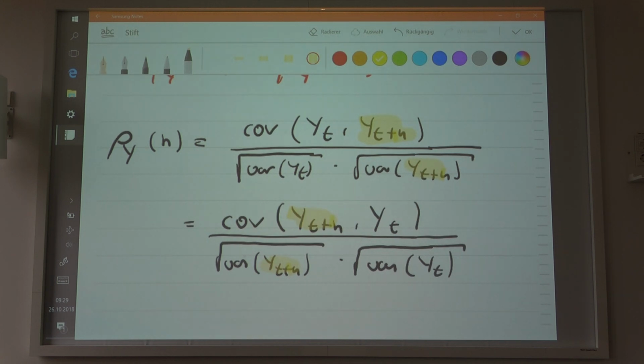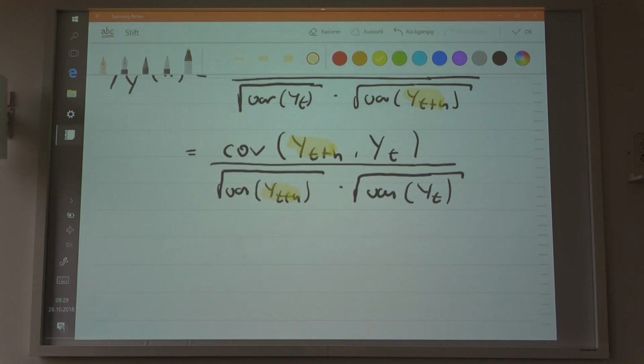Now why I'm doing this: now comes the stationarity. Since that does not depend on time, t, let's say we redefine t as follows. Since it doesn't depend on time, we can do the following thing. Here we have the covariance of yt plus h, and I'm going to subtract h from this.